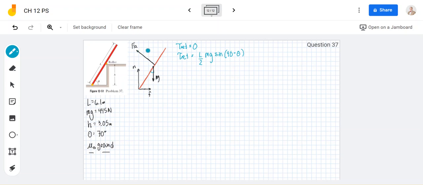And what about the roller here? So we're going to say the roller's up here at a distance d, which we're going to have to figure out, times the force by the roller.